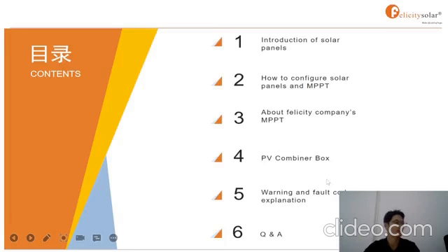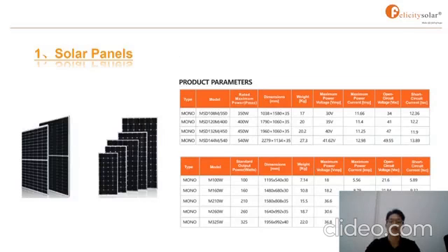Okay, let's go into the first part, our solar panels.